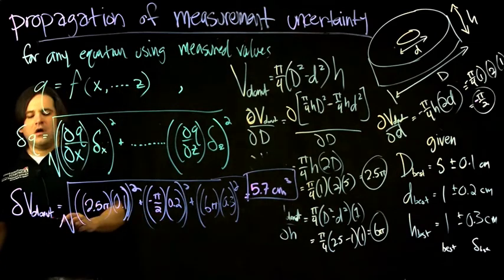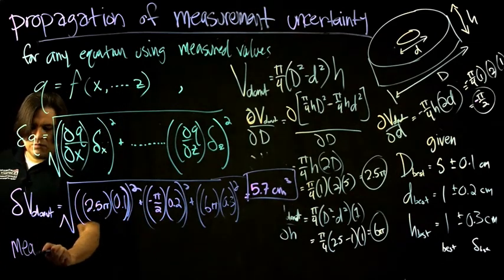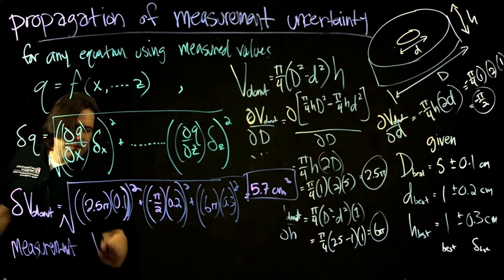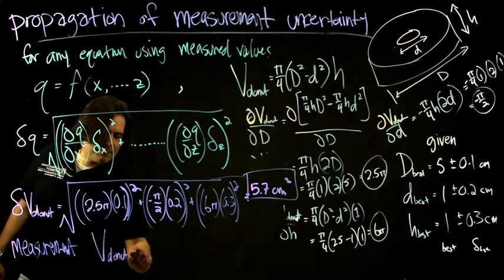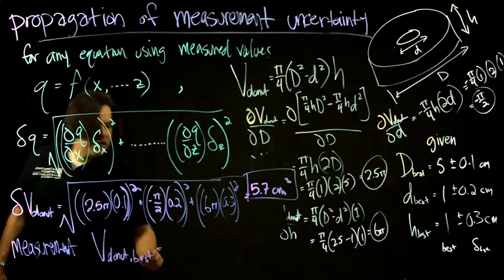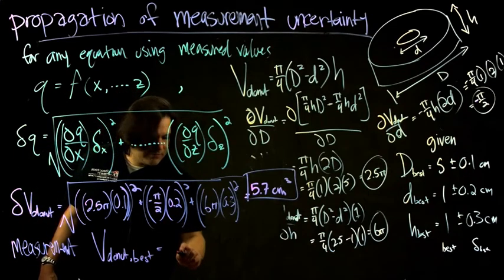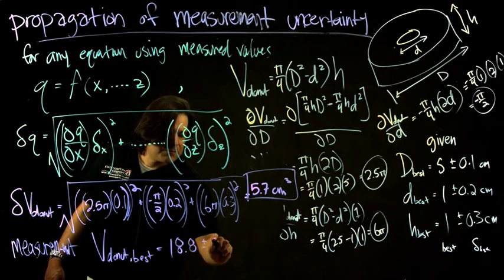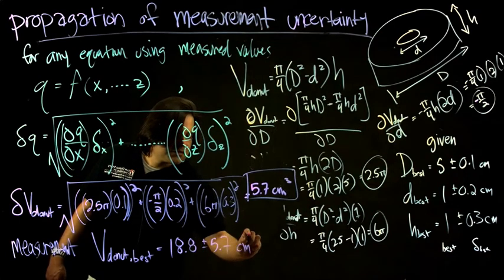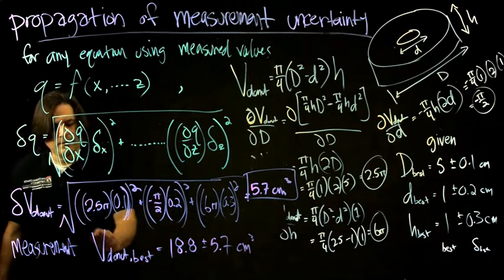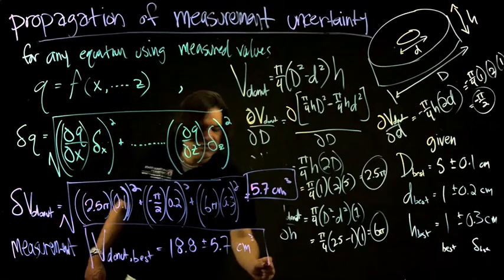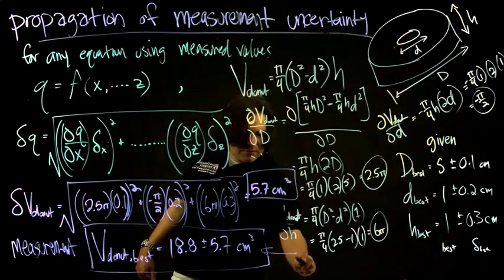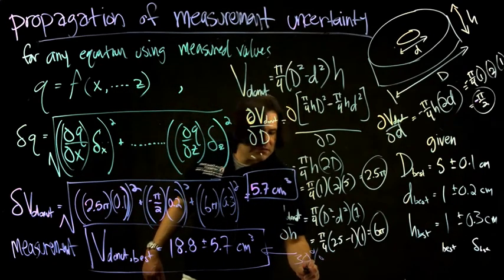So our measurement of the volume of the donut is 18.8, which is when you multiply those measurements together, plus or minus 5.7 centimeter cubed, which is a big error. So if you do the precision on this, this is about a 30% precision.